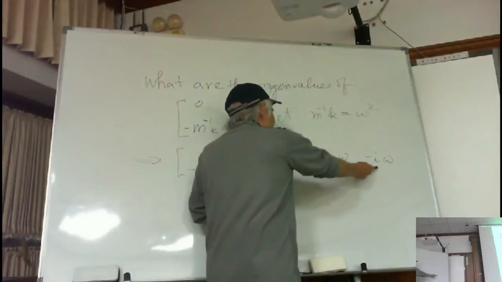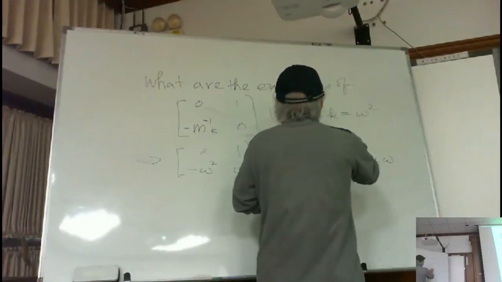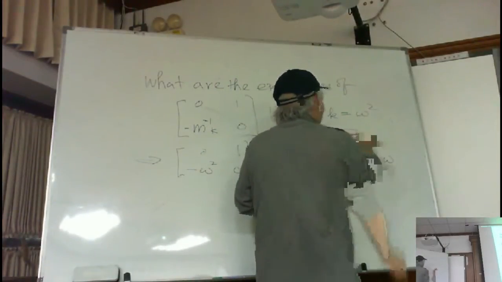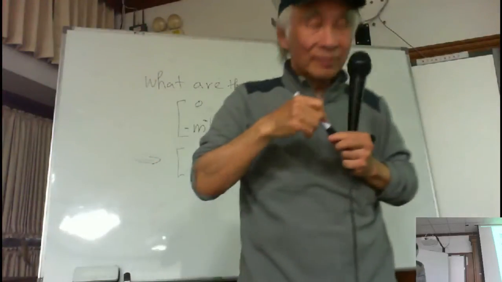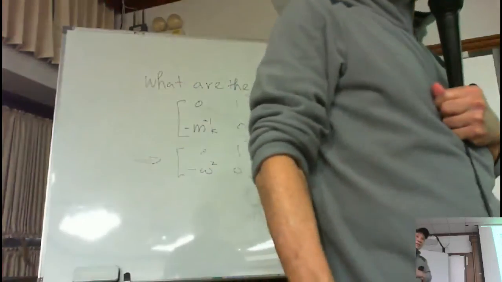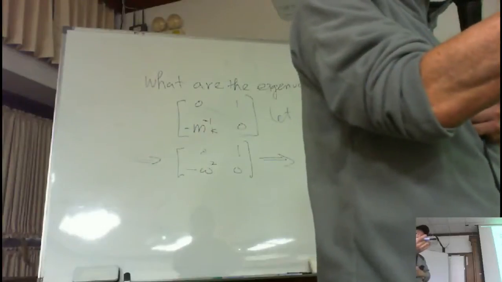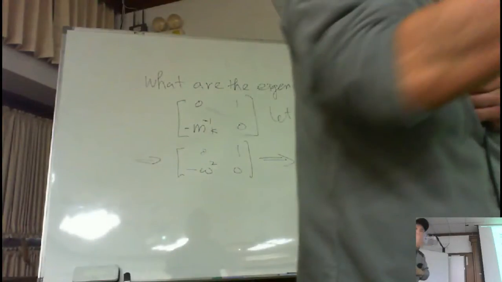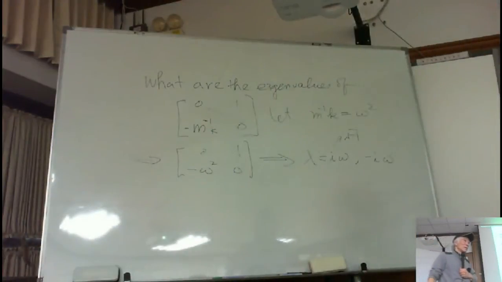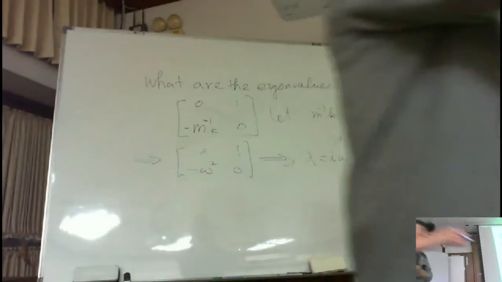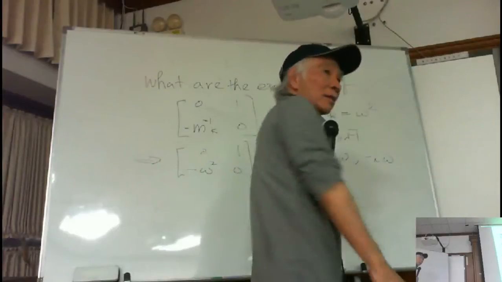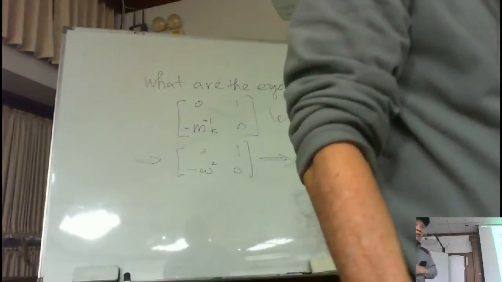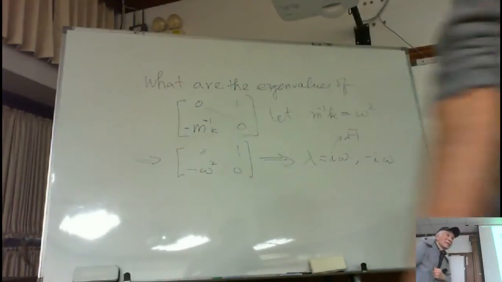What does that mean, the complex i here? This i represents the square root of minus 1. Now, in the real world, what does the square root of minus 1 mean? Can anybody tell me?